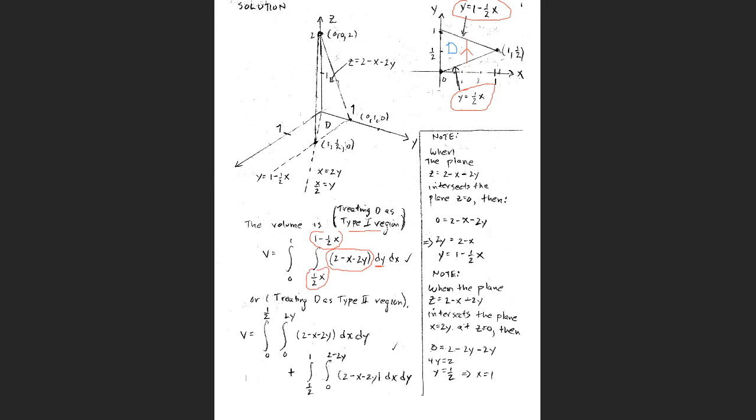And the limits with respect to x, if we go to the picture, are going to be from 0 to 1, right? That coordinate there has x equals 0. This coordinate here is x equals 1.